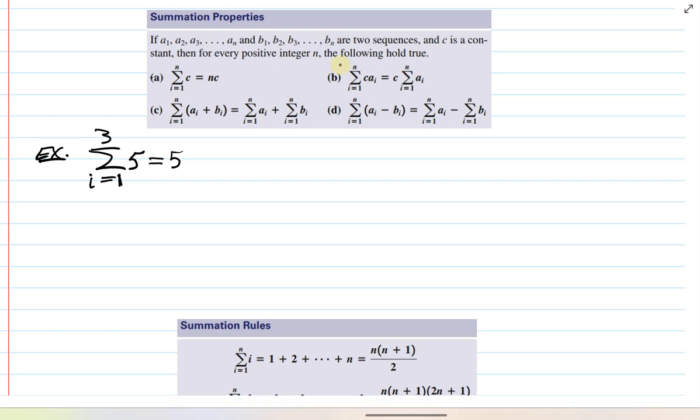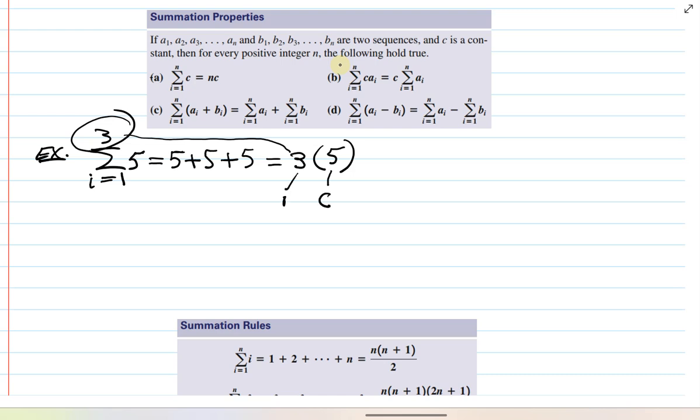So when i is 1, you just simply write 5. And then you add. Increment i from 1 to 2, but 5 doesn't change. You add. Change i to 3. Again, 5 doesn't change. You add another 5. So it looks like you have 3 fives, right? 3 times 5. But 3 is the upper limit, isn't it? This is the C and this is the n in this formula nC. n is the upper limit of the summation. And C is the constant that's in front of the summation.